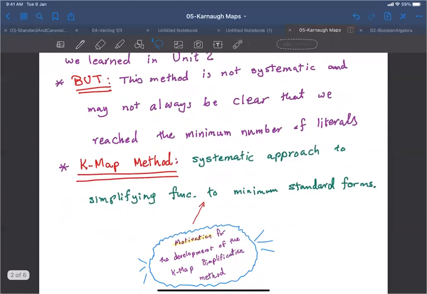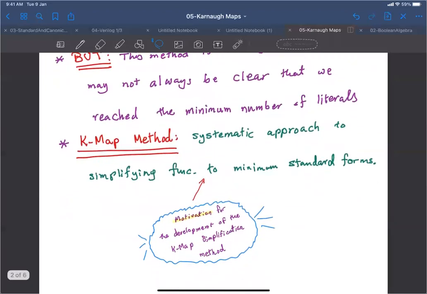You can think of this as the motivation line for our lesson about K-map. So if you want a systematic approach for simplifying Boolean functions and finding the minimum, guaranteed to find the minimum, then you should study K-maps. All right, let's move on.